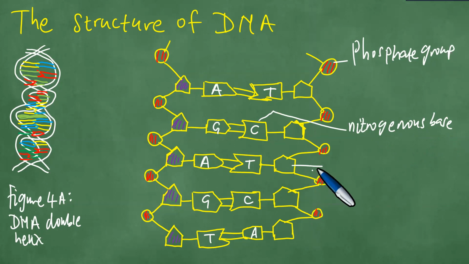What is this pentagon-like structure? This structure with five vertices, like a triangle on top, is called the deoxyribose sugar.